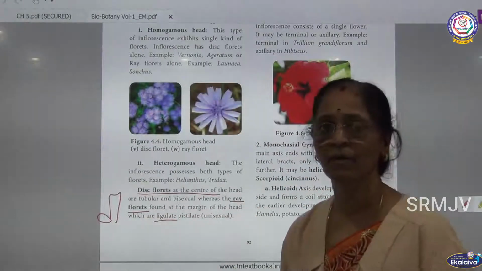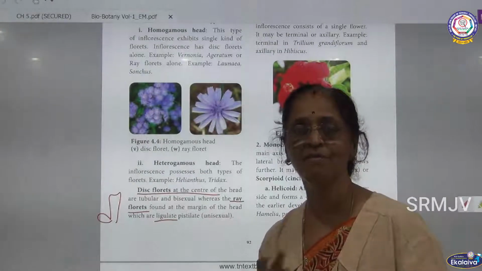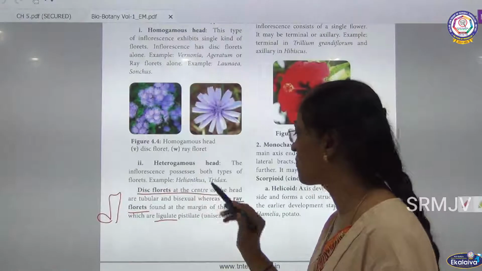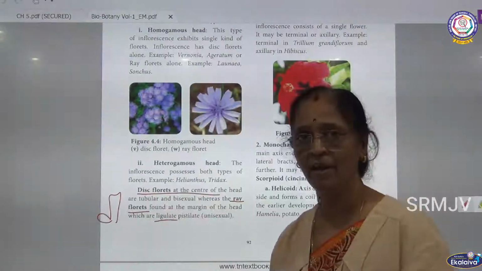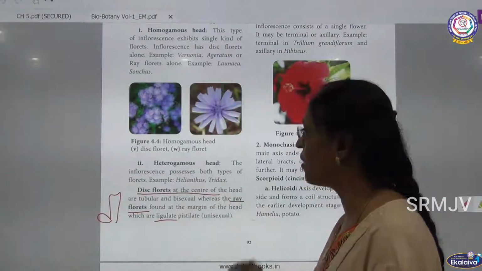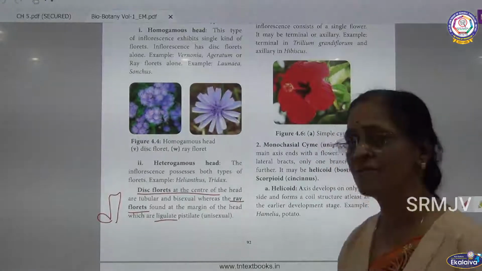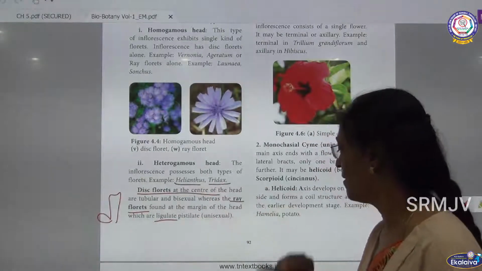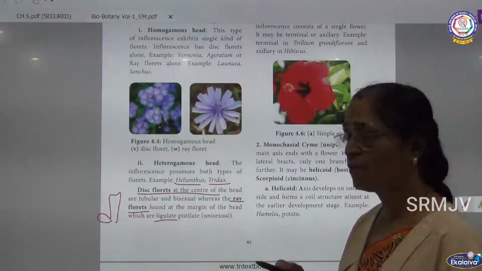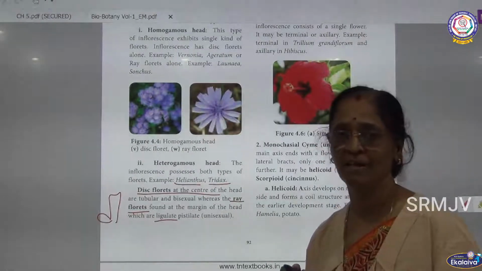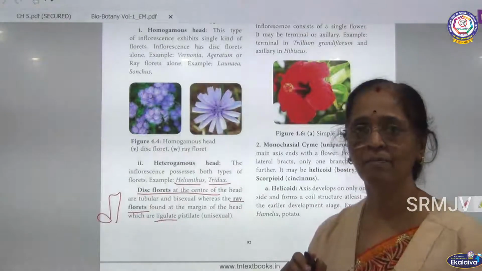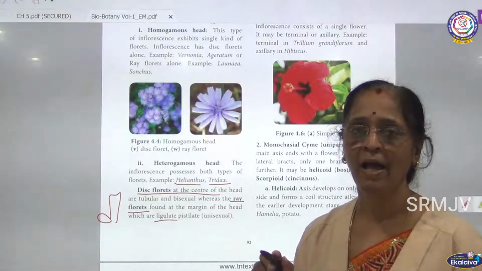So if the head inflorescence has two different kinds of florets, disc florets and ray florets, then you call it heterogamous, which you will find in Helianthus, that is sunflower, and tridax. So the racemose can be studied under three: main axis elongated, main axis shortened, and main axis flattened.